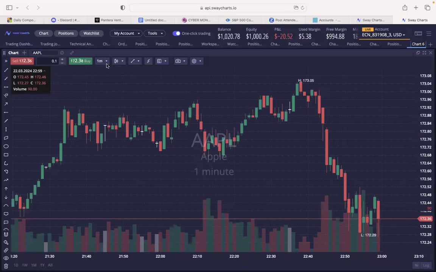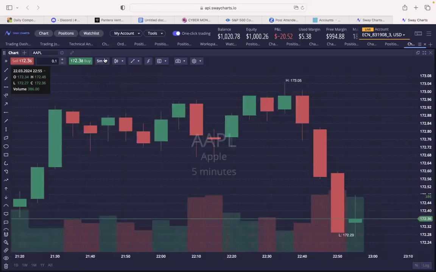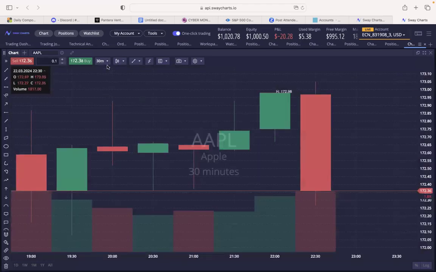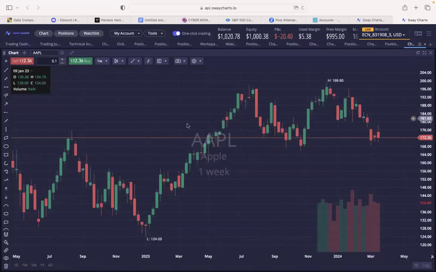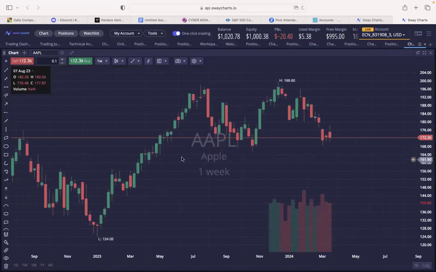Over here, you have the time frames, just like TradingView. I believe this is pulled from TradingView. So you have that 5-minute chart, you have 30-minute chart, you have weekly charts. This is Apple, by the way.